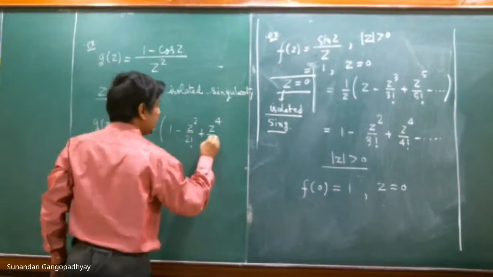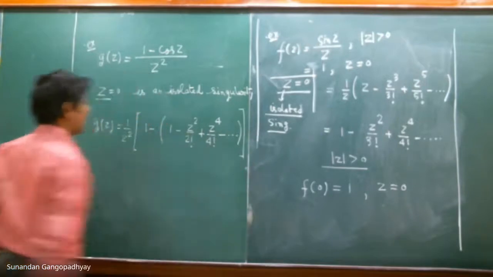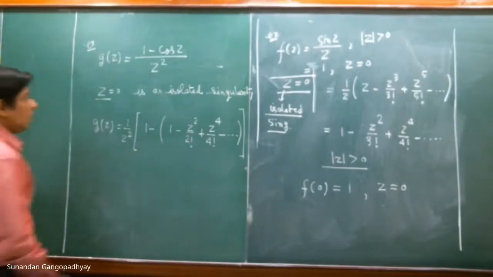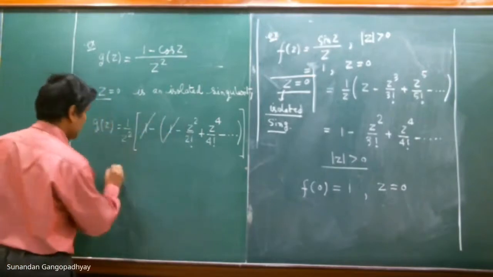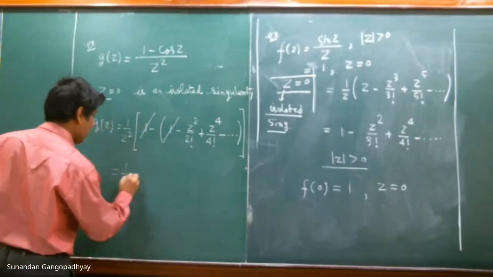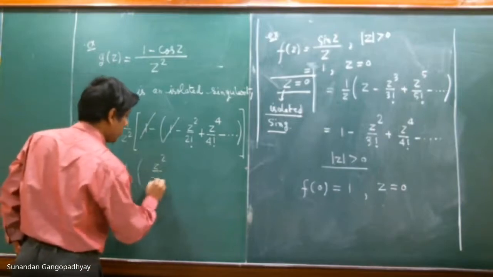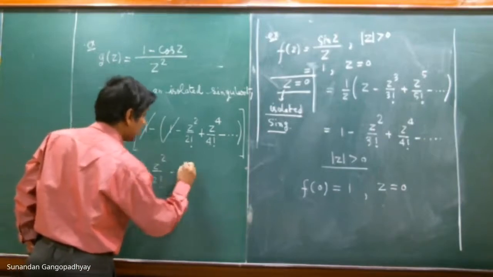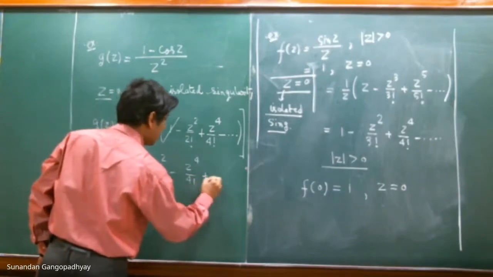Please check it. Expand it. Now this 1 and this 1 cancel, and therefore you have 1 by z square times z square by 2 factorial minus z to the 4 by 4 factorial and so on.